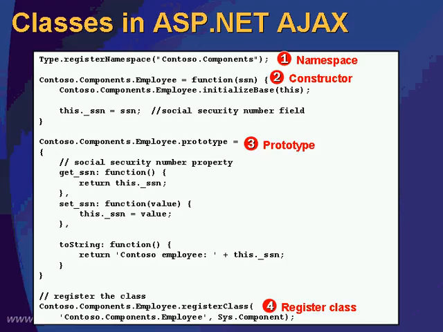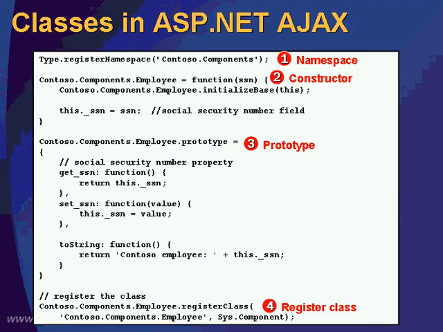just plain old JavaScript. And at the bottom, this is the last extension that we add, and it's the ability to register a class or create this class type inside of JavaScript. All you do is call registerClass from your specific type name and pass in the fully qualified path to your class, or fully qualified name of your class.